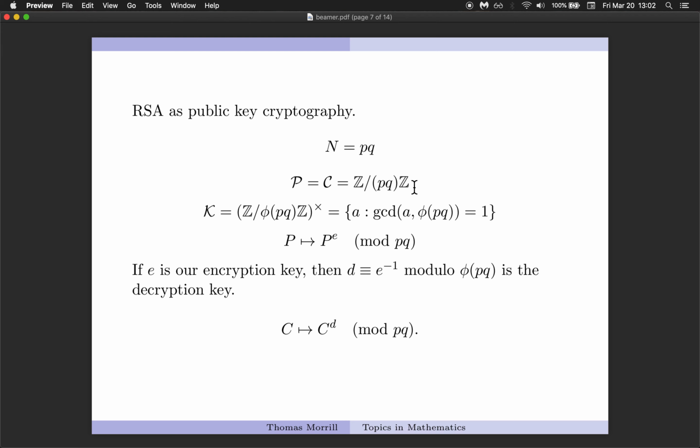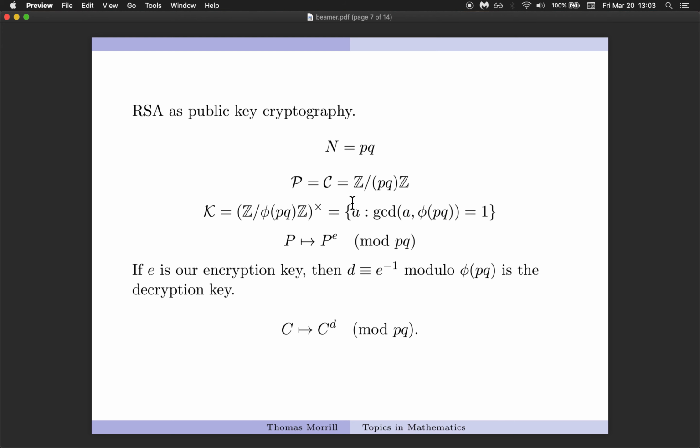And as I talked about last time, the key space, the set of all possible keys, are the units modulo phi of N, or phi of p times q. And just as a reminder, these are all of the residues A which have greatest common divisor of A and phi of N equal to 1. So anything that is relatively prime to phi of N.